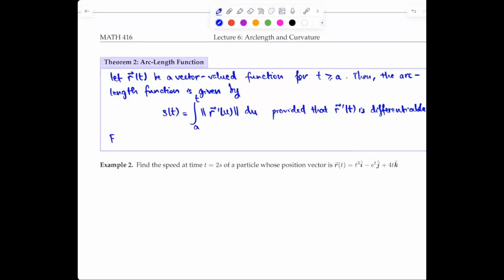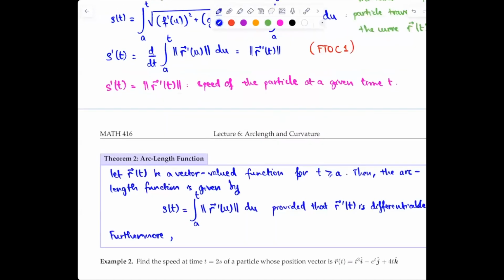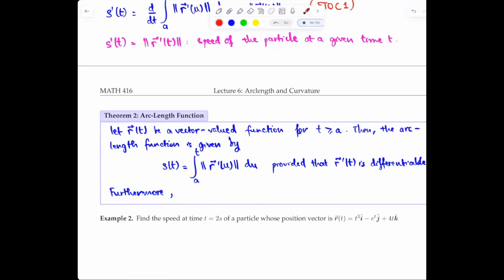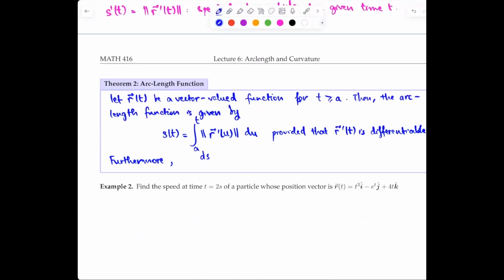And furthermore, I remember we take the derivative of both sides of this arc length function. So we have ds/dt equal to the magnitude of r prime of t. Let me write, instead of s prime as you see here, ds/dt equal to the magnitude of r prime of t.